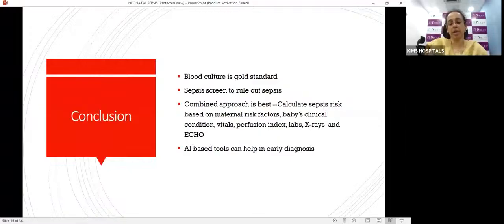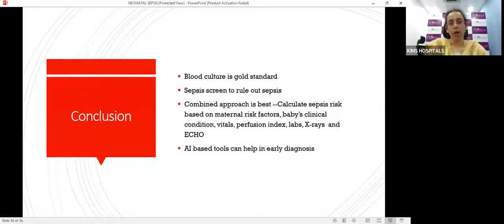Calculate the sepsis risk based on the maternal and perinatal risk factors, the baby's clinical condition, the vital parameters and perfusion index as we discussed, the lab parameters like the sepsis screen parameters, and also others like procalcitonin, IL-6, and various other parameters in coordination with X-rays and echo.